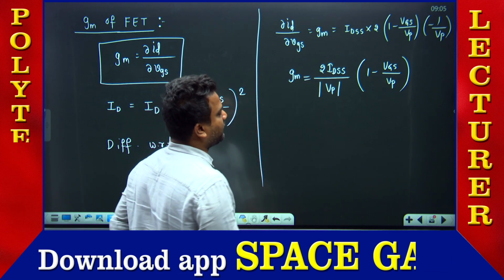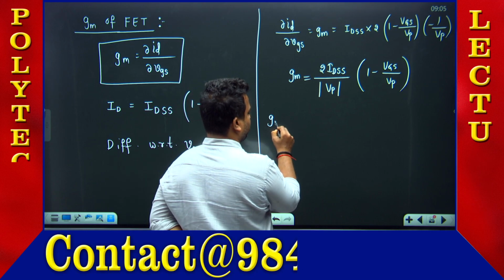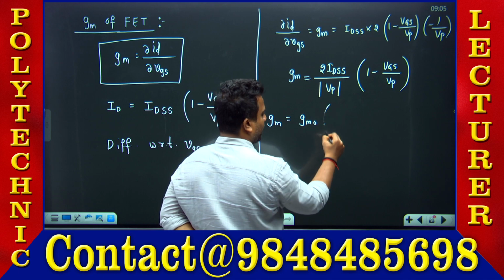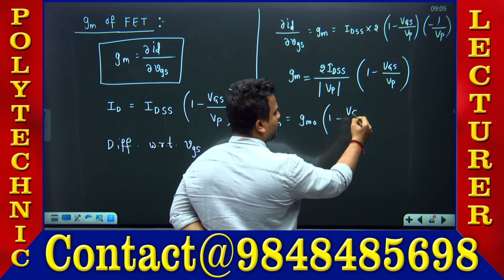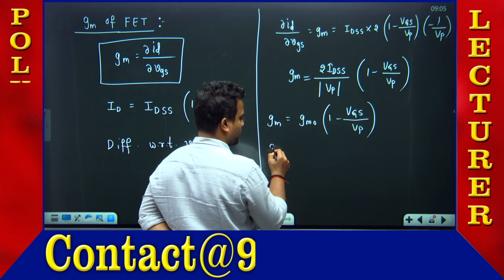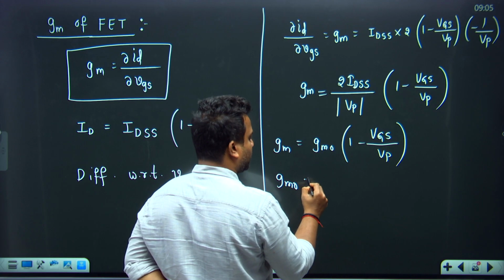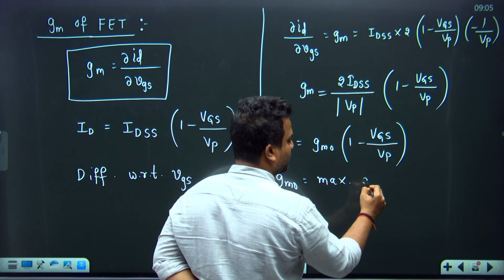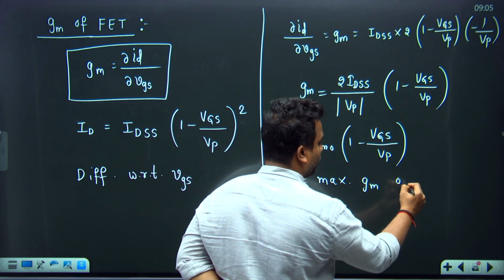So the expression can be written in such a way that it includes GM naught, where GM naught is the maximum transconductance, or it is the transconductance at VGS equal to 0.